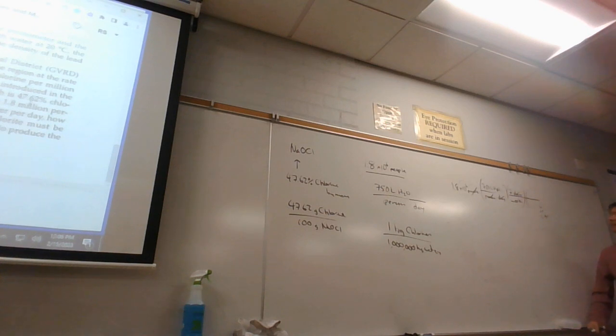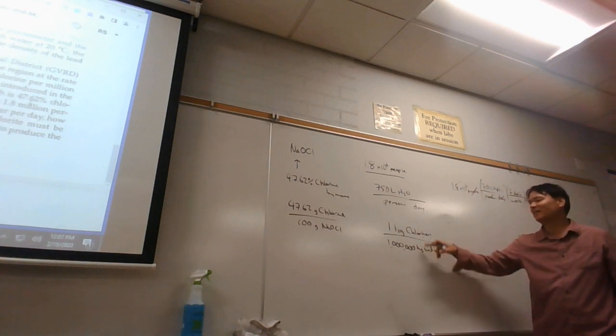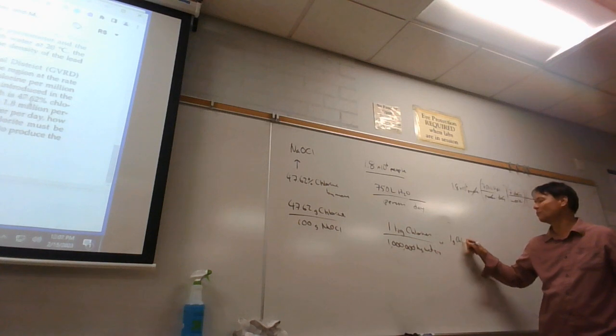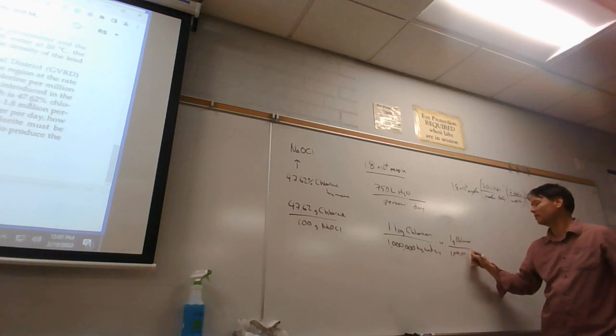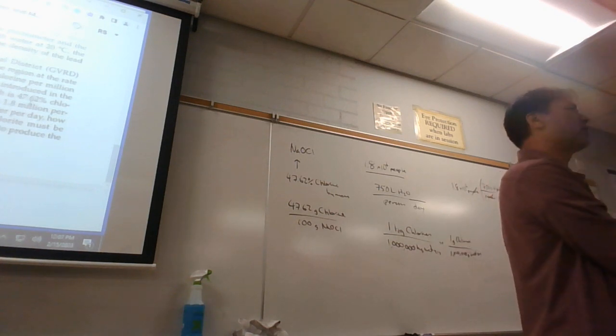We could use the density, but I'm going to change this because rather than kilograms, I'm going to go to what's more familiar for me: grams. 1 gram chlorine per million grams of water. This is because I always want to do the density. I don't want to use the kilogram per meter cube.